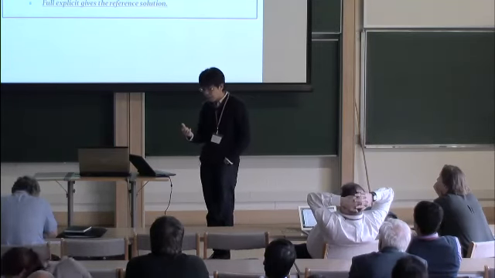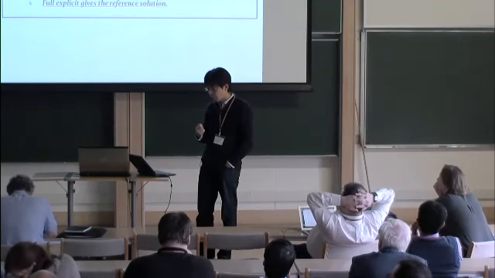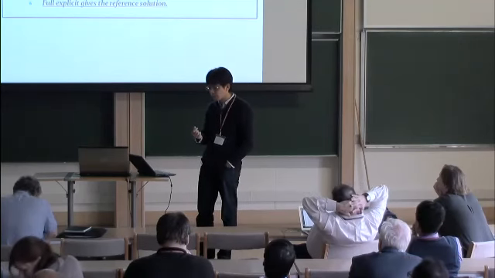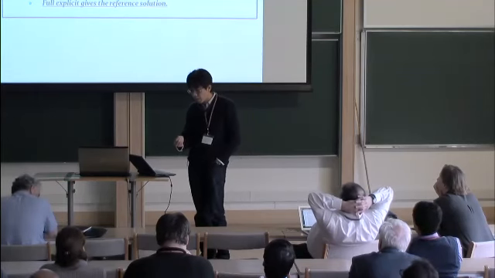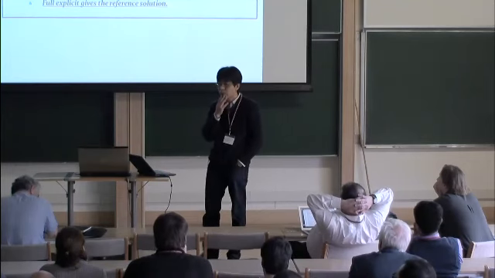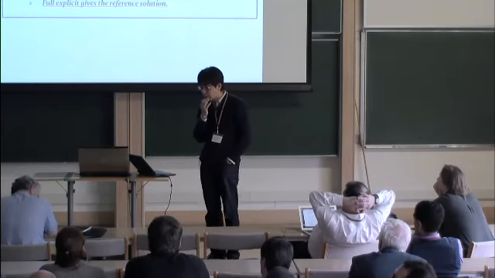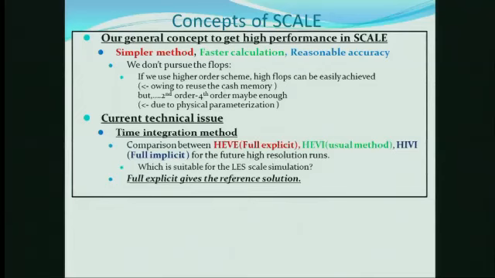If we use a higher order scheme, we can easily get high flops, but this is owing to reusability of cache memory. But I think second order or fourth order is maybe enough, because physical parameterization is not converged. That is first order or less.